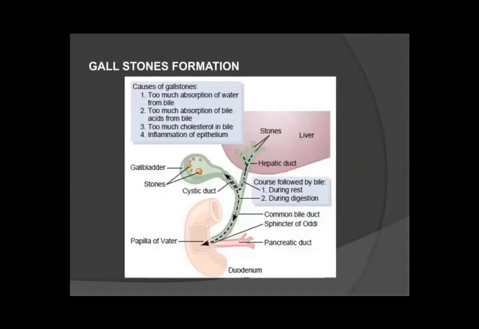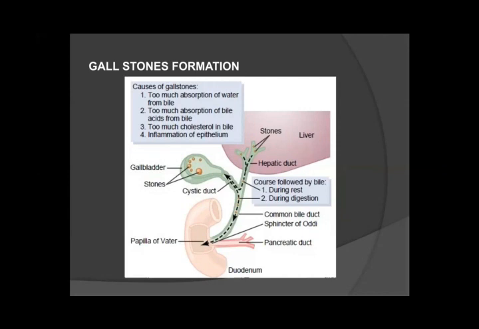Okay. Next, we have a diagram laying out the different steps of gallstone formation. In the top left corner, we have the causes of gallstones. Too much absorption of water from the bile can lead to an increase in formation of gallstones. Secondly, too much absorption of bile acids from the bile.